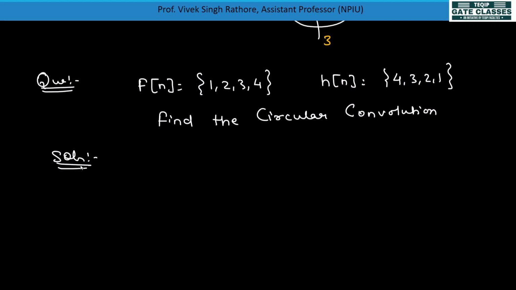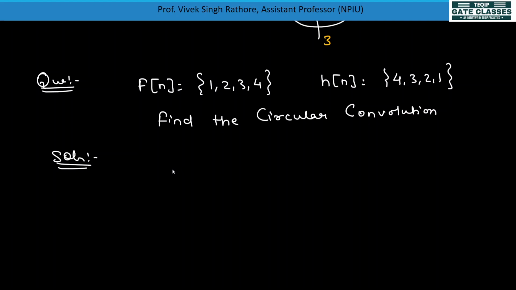You can also find linear convolution, but you'll get a different answer. First of all, we will find circular convolution, then I will tell you how we'll solve it from linear, how we can get this answer also, and what the relation between them is. So first of all, we will find the circular convolution.